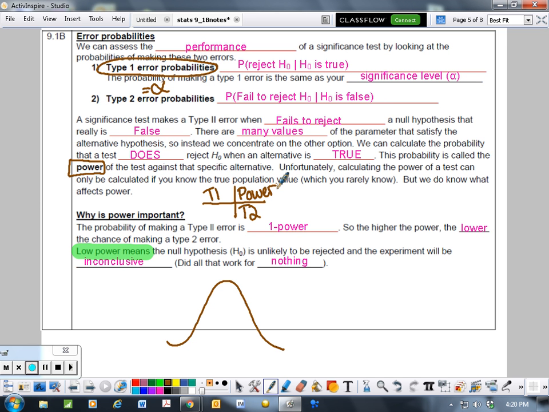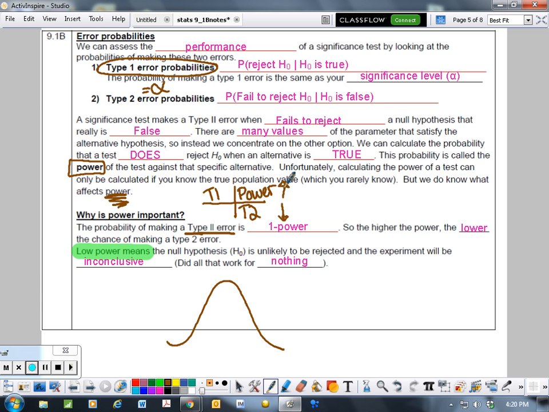We can test out different values and we can know what affects power. So we can always try to increase power, which will decrease our type 2 error, because the probability of a type 2 error is 1 minus our power. So the higher the power, the lower the chance of making the type 2 error.